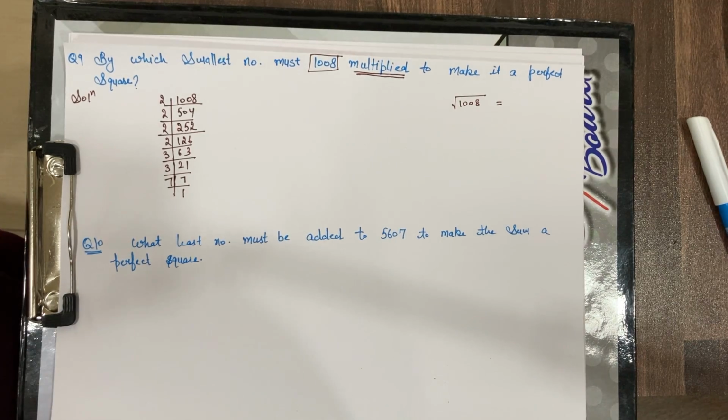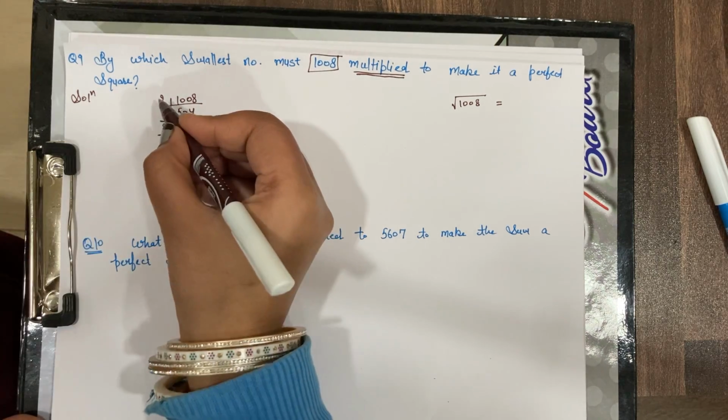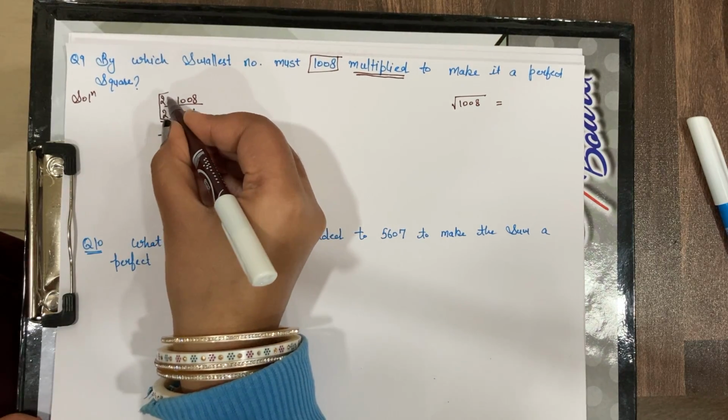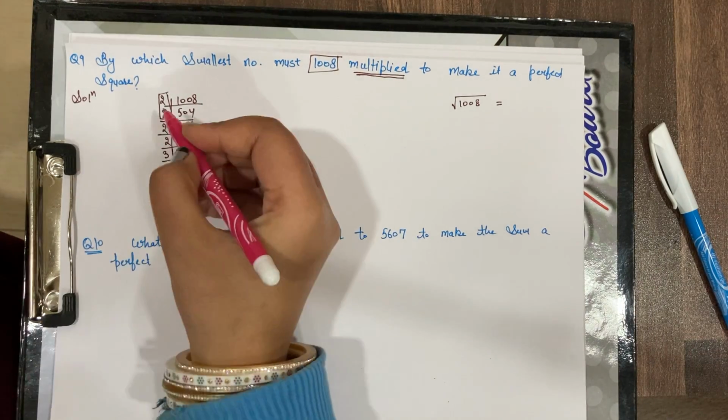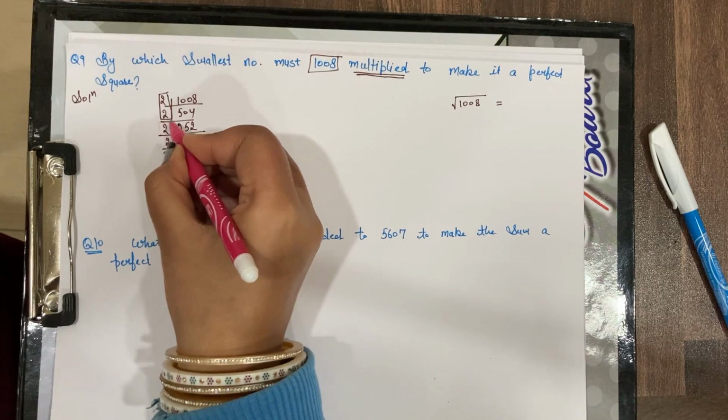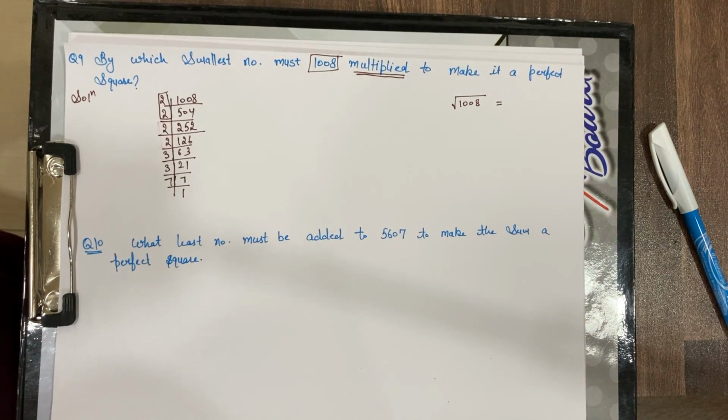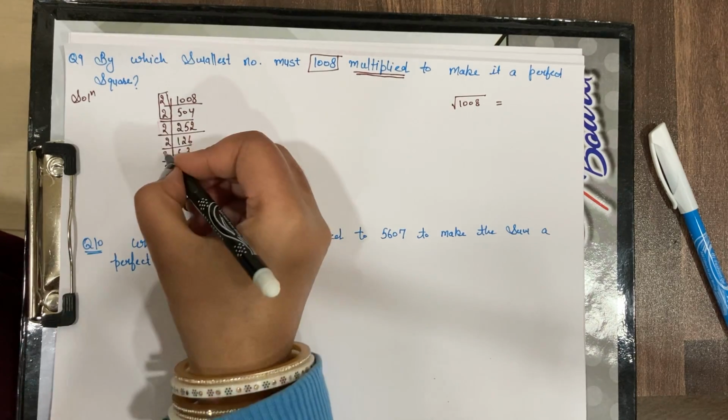Now you have to observe one thing: which number is not having a pair. For example, 2 has its pair, right? Again 2 is having its pair. 3 is also having its pair.